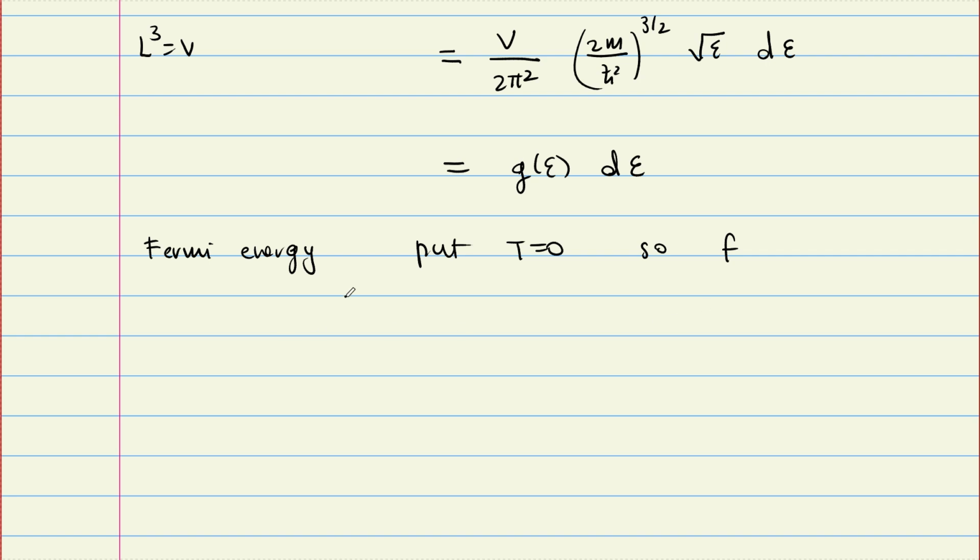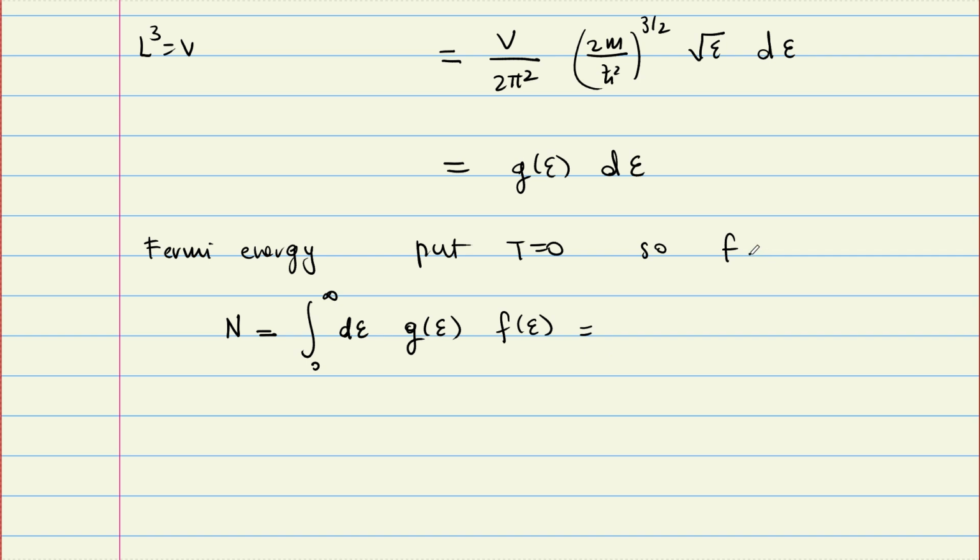I am trying to calculate the Fermi energy, and to find it, I need to calculate the total number of electrons, which is the integral from 0 to infinity, d epsilon, G of epsilon and F of epsilon.